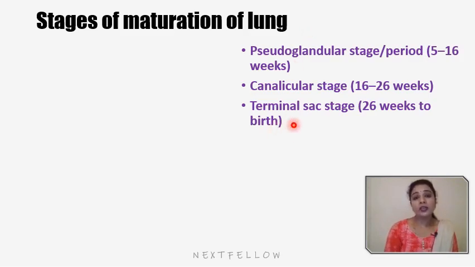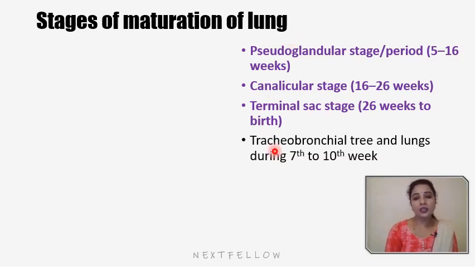Alveolar type 1 and surfactant producing alveolar type 2 cells also develop during terminal sac stage, and their number gradually increases towards the full term. And next stage is the alveolar stage. Alveolar stage is from 8 months to 8 years.